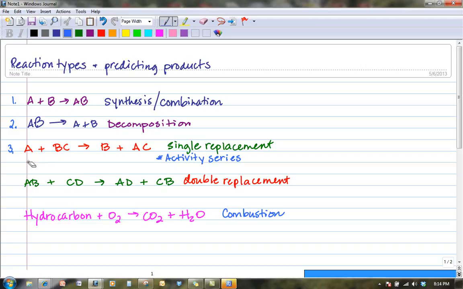Basically, in order for this reaction to occur, metal A has to be higher on the list than metal B. If metal A is lower on the list than metal B, you won't get any products at all. Instead, you'll get no reaction. And that's exactly what you would have to write on the product side if metal A is lower on the list than metal B.